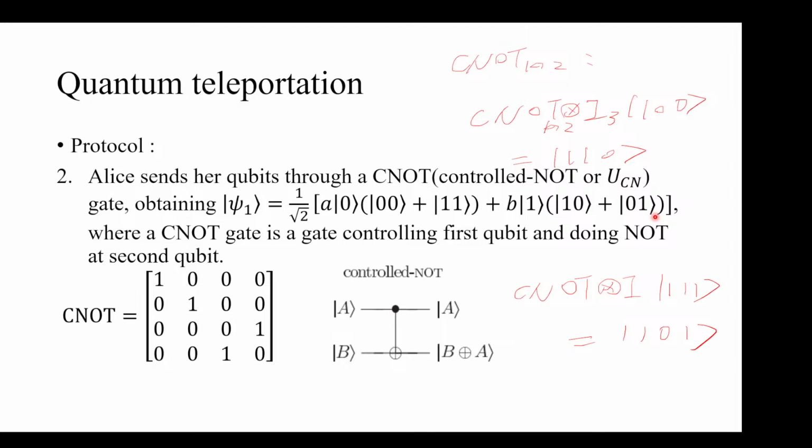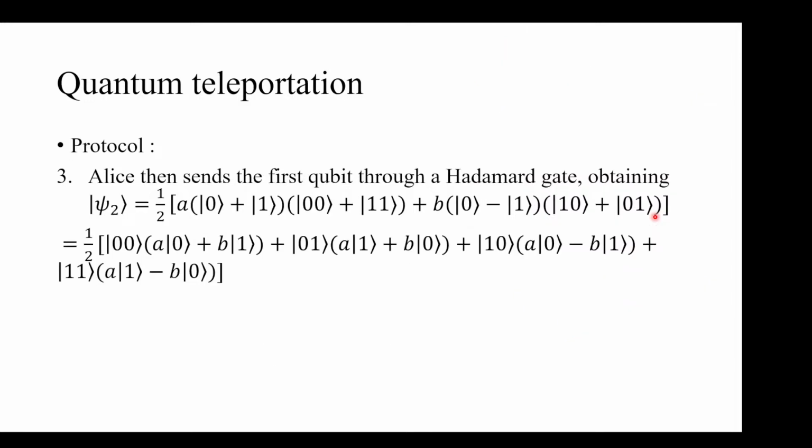The next thing is Alice is going to do a Hadamard on her qubit. As a reminder, the Hadamard equals 1 over square root 2 times the matrix 1 1, 1 minus 1, and in particular the Hadamard flips between 0, 1 and plus, minus.